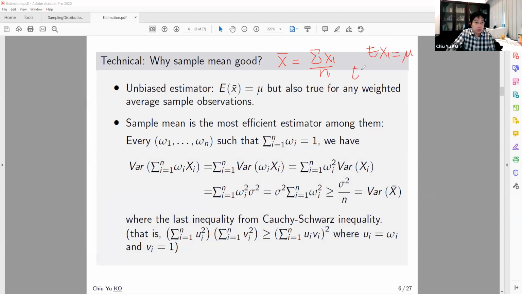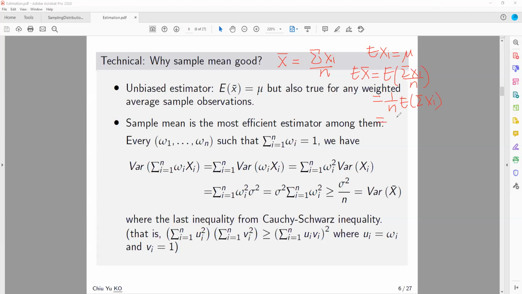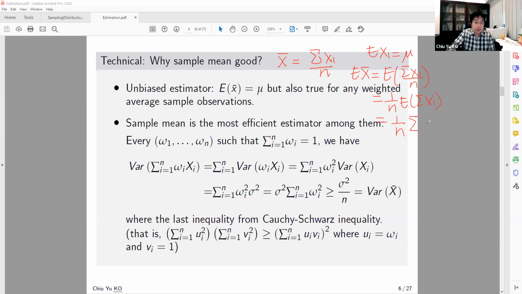So the expectation of X bar is the expectation of the sum of xi over n. You can take one over n out, just to recall. And then you can swap the summation and expectation, because this is a property of the expectation.